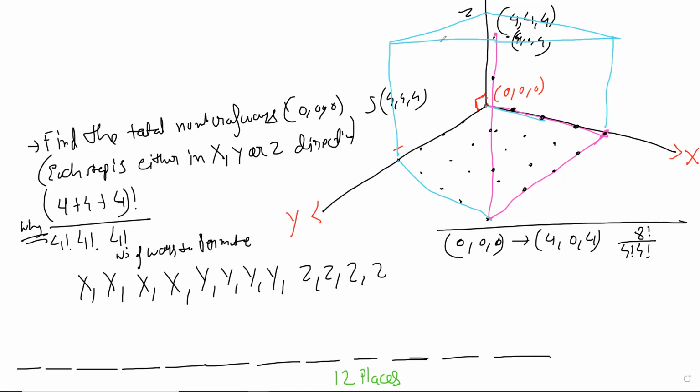No, but how many points? That is easy to find, but how will that help? Which point? Yes, but here we have to go from 0, 0, 0 to 4, 4, 4. So you're saying something different. We need to go from this point to this point.